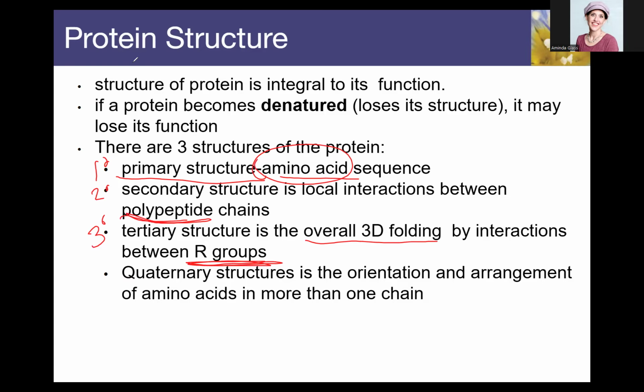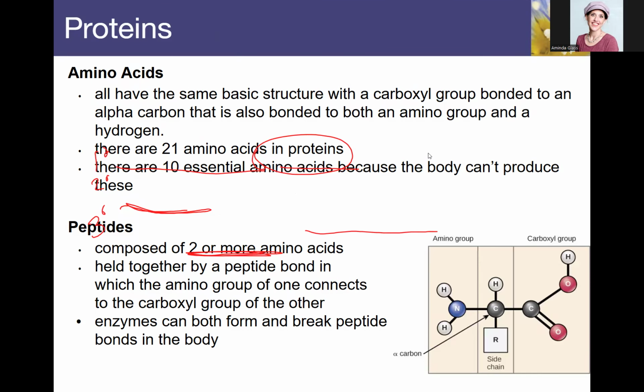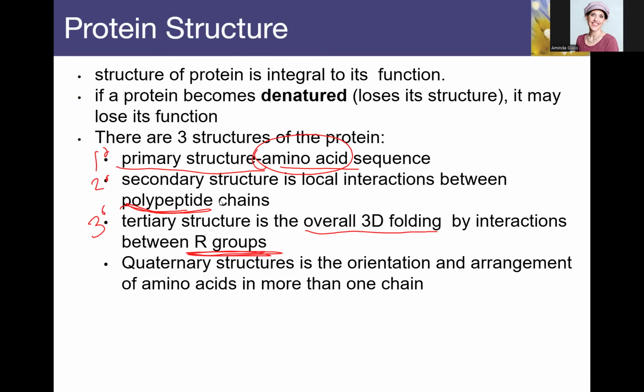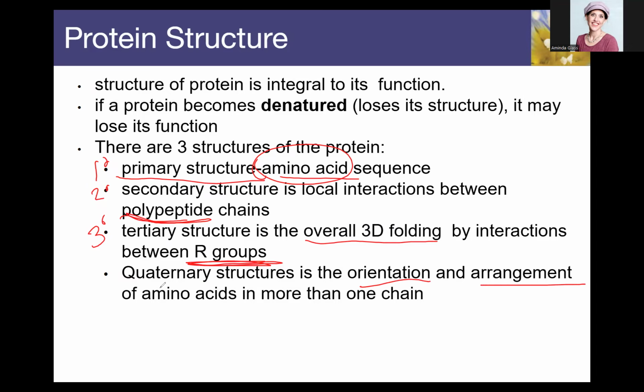I'll show you right here, those R groups, those side chain groups here in your peptides. Okay, then you have your quaternary structures. And your quaternary structures, that's the orientation and the arrangement of amino acids in more than one chain.